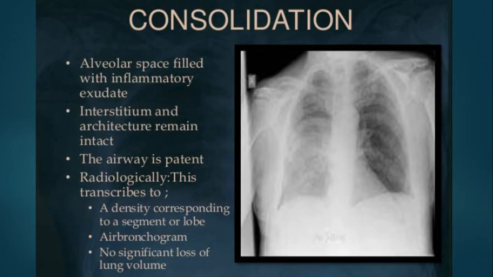Now, one of the most common findings that we see on chest X-ray is the consolidation. So, what do we mean by consolidation? When the alveolar or the airspace is filled with inflammatory exudate, this is called consolidation. So the lungs become more solid, because they contain less air and more exudate.